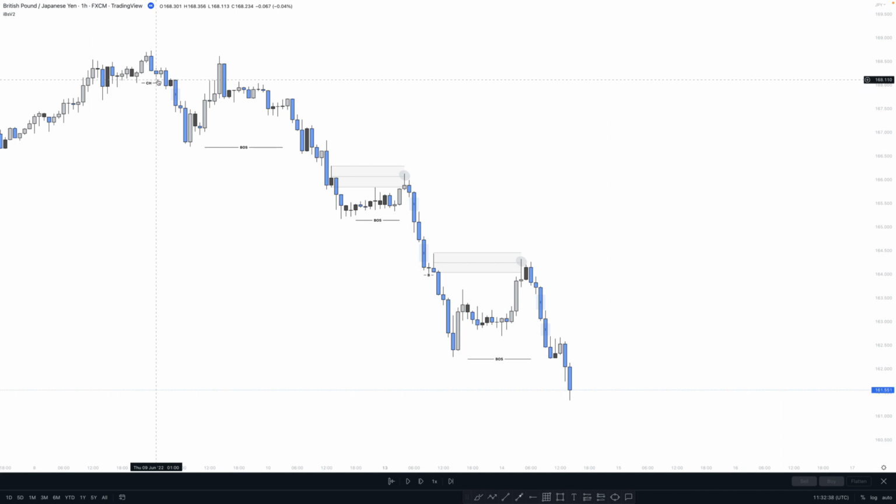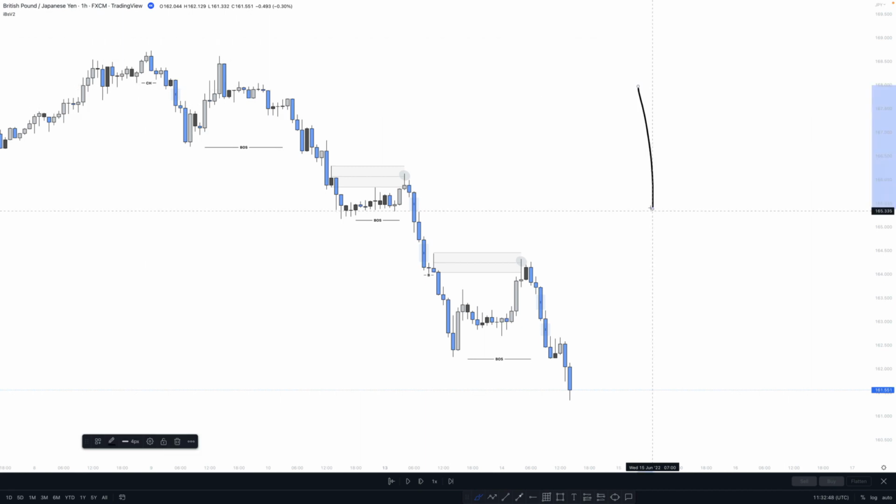Because we have one retracing impulse, second retracing impulse, third retracing impulse. So this was not quite good momentum. When we consider momentum, we consider price breaking below with no retraces. This is an indication to us that this impulse is clean and clear. But in this momentum, we have one retrace, second retrace, and third retrace.